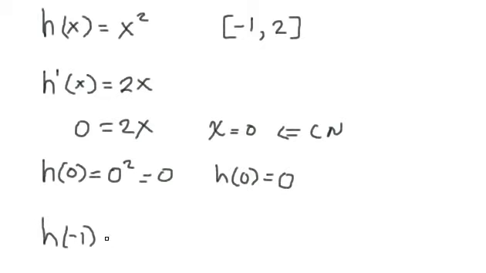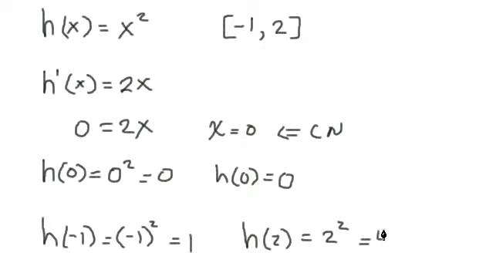So h of -1 is equal to negative 1 squared, which is 1, and then we're going to plug in the other one, h of 2, and that's 2 squared, which is 4. So h of 2 is equal to 4.